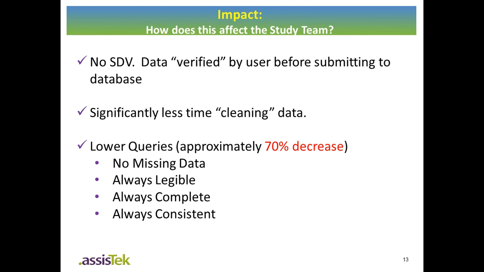So instead of allowing that to be followed up with a query, which would probably be the normal process, we can build in an interface where the user would actually have to put a reason why they're continuing with the treatment even though the vital sign is out of bounds, for example, if that's allowed. So it's basically another way to avoid queries.